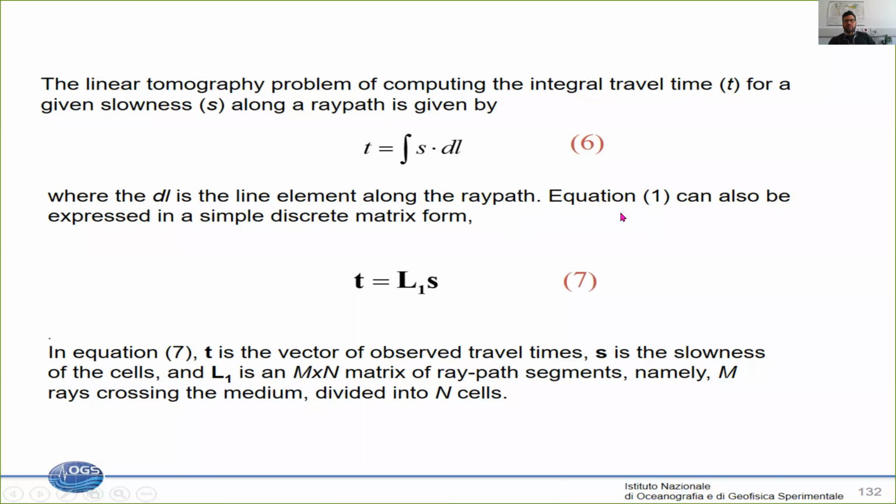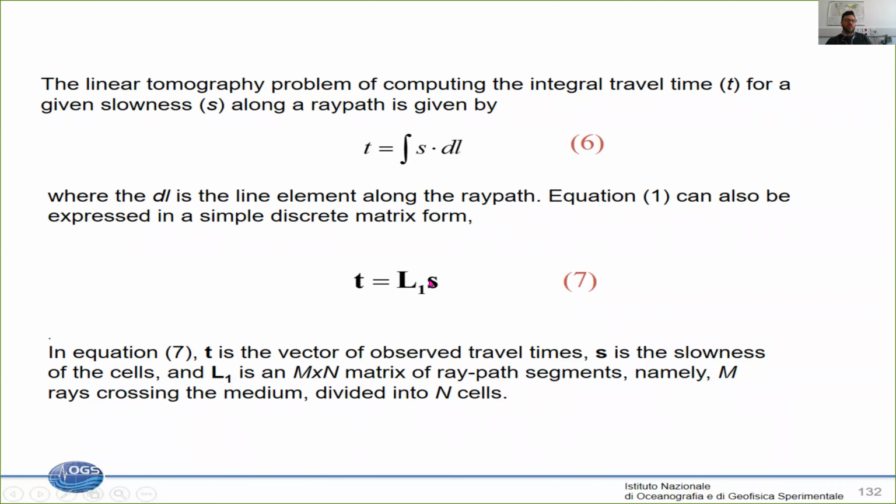So it's just the line element along the ray path. And this equation, as we have seen last time, if I do it for all the possible travel times, can be written in matrix form, where T is the travel time that I'm measuring for each path. L is a matrix describing all the paths. So we'll have M rays, which are my data, and N will be the number of cells.